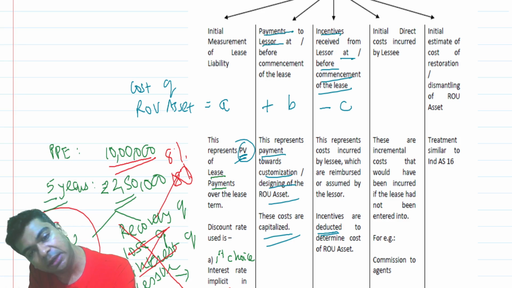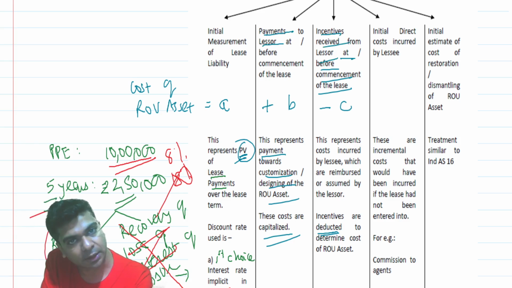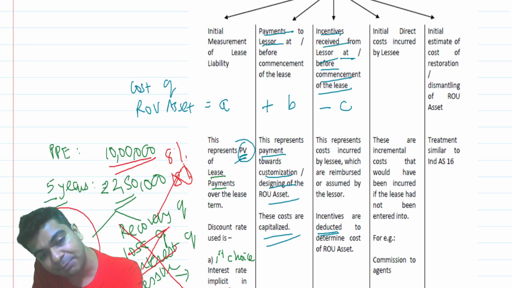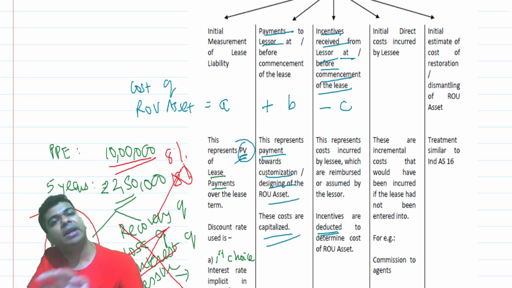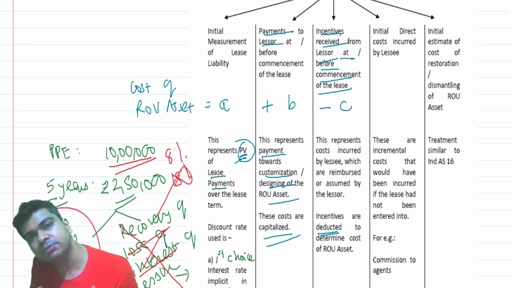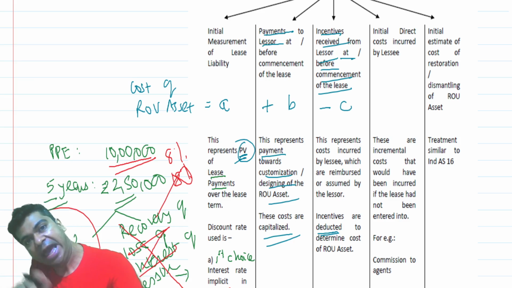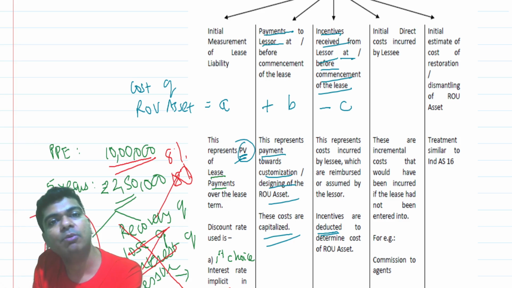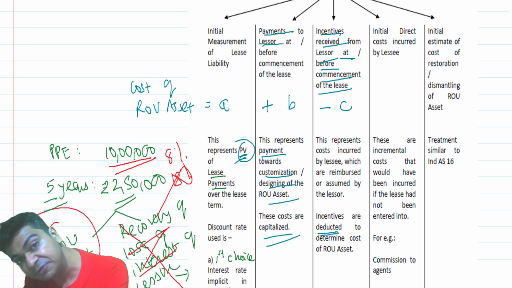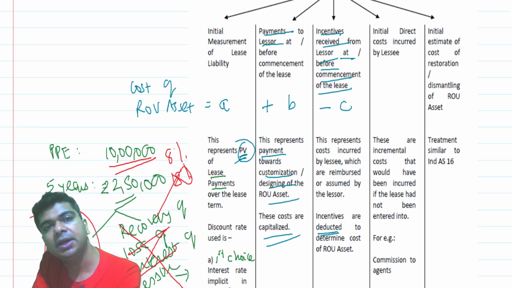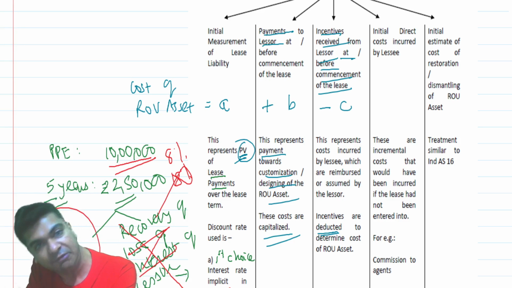This is an incentive received from the lessor, so it should be deducted. But both of them should be happening either on the commencement date or before the commencement date. You get it? So cash incentive is available at the time of signing the contract. If a cash incentive is available at the time of signing the contract, I will deduct that incentive and I will find out what is the cost of the ROU asset.